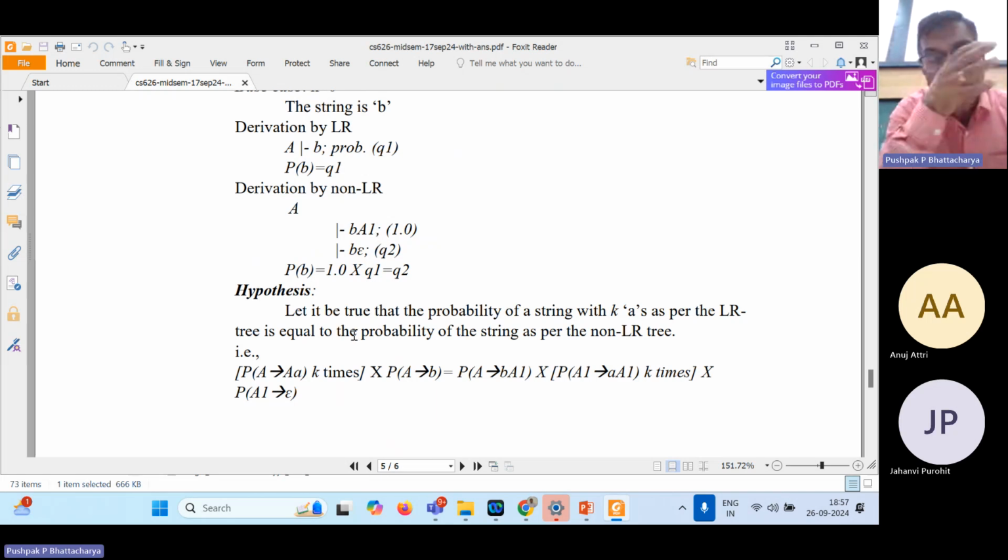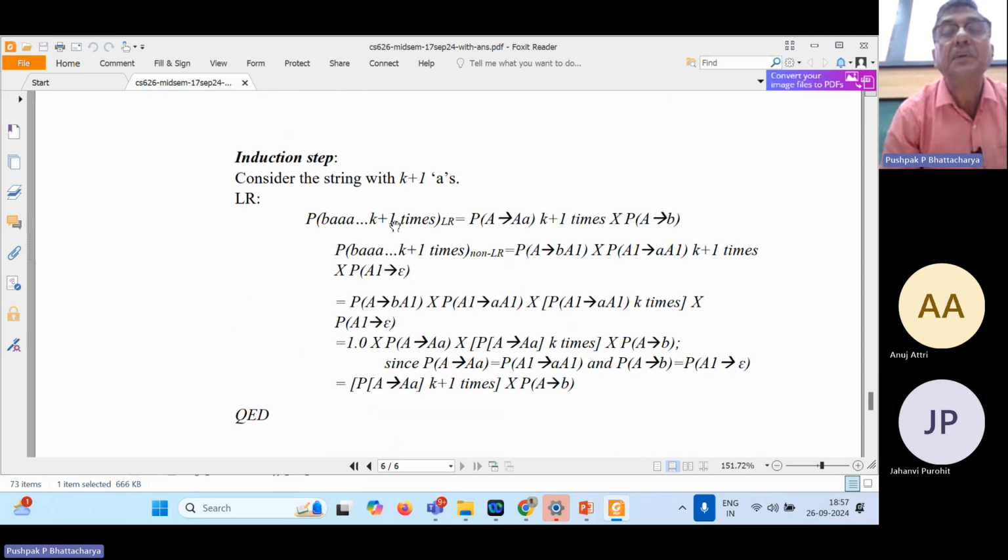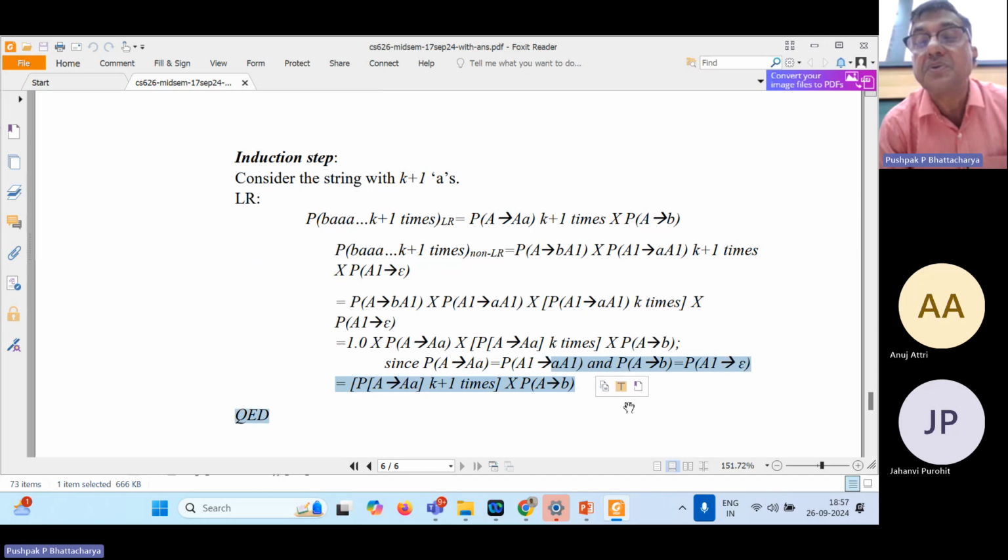Then the hypothesis: you assume that the probability is the same for both cases with k A's. And in the induction step, you have to deal with k plus 1 A's. And you can show that both the probabilities are equal because you're making use of the formula that P(A goes to AA) is equal to P(A1 goes to AA1), and P(A goes to B) is equal to P(A1 goes to epsilon).